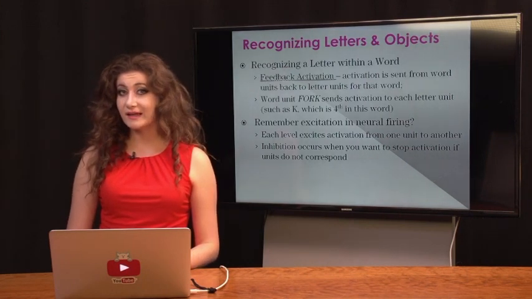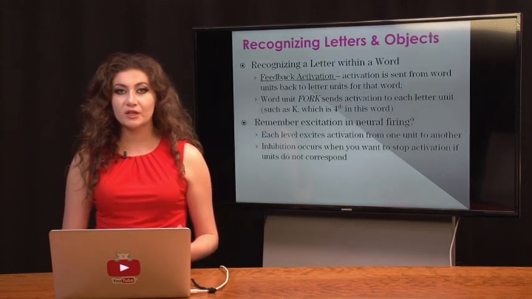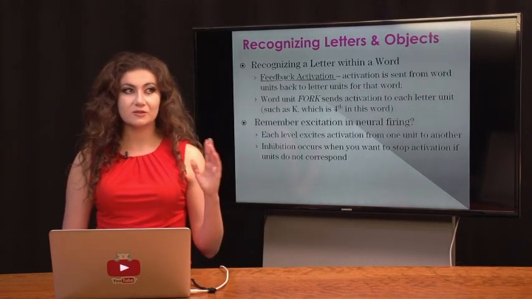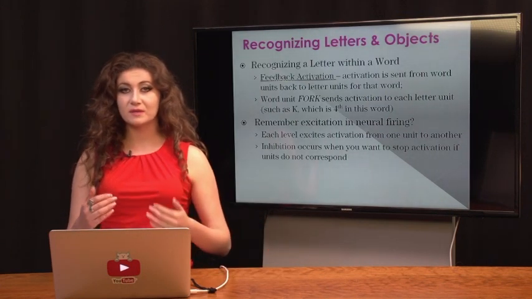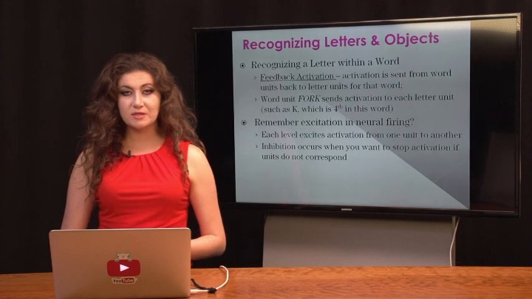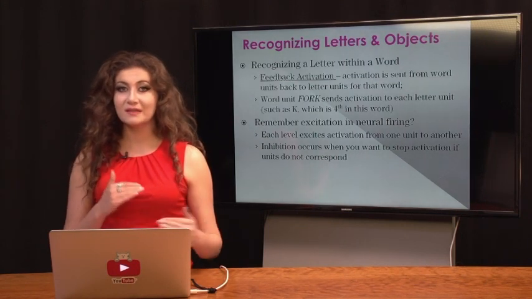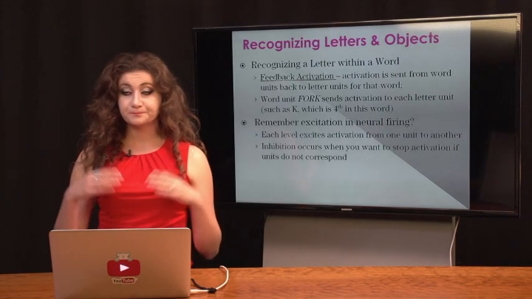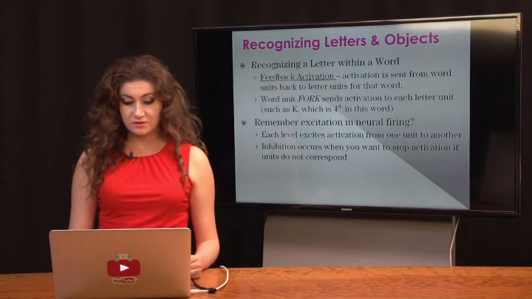It does have the letter K in it, but it is not the last letter. So inhibition would occur, and you would not continuously start naming words that have K as the third letter, right? You would actually stop yourself and realize that you've made a mistake. So inhibition is the reduction in speed of neural firing, and excitation is an increase in the speed of neural firing. The faster the neurons are firing, the faster information is traveling.